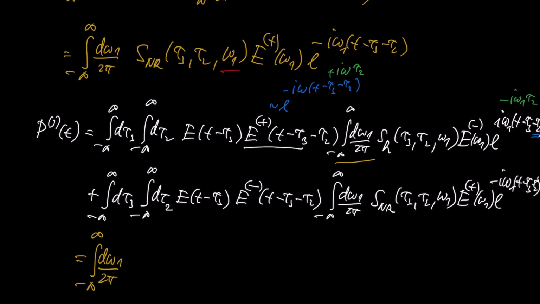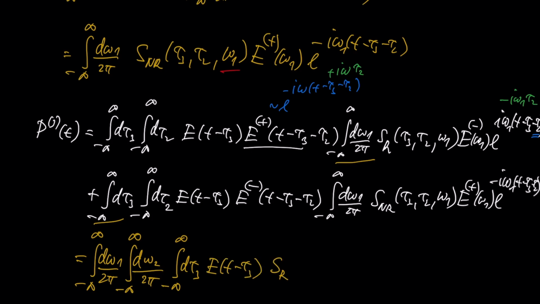As I said, we can replace the electric field here with its Fourier transform, and again we put the integration from that Fourier transform to the very front. So here we will be using omega 2 as a variable. So here we have the integral over d tau 3, and behind that there is E of t minus tau 3, and I will write here the rephasing response as a function of tau 3.